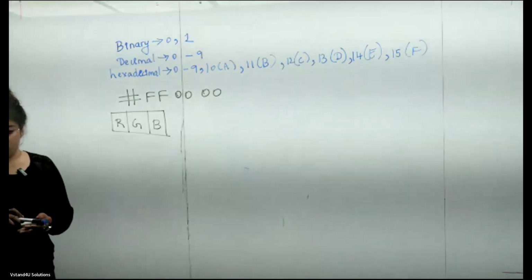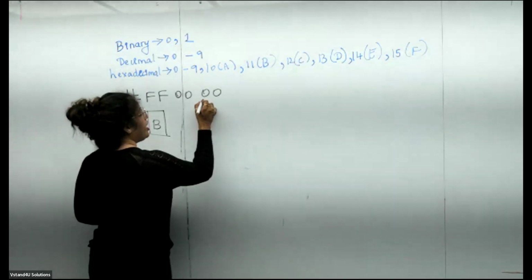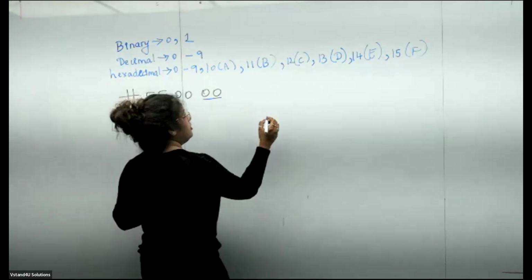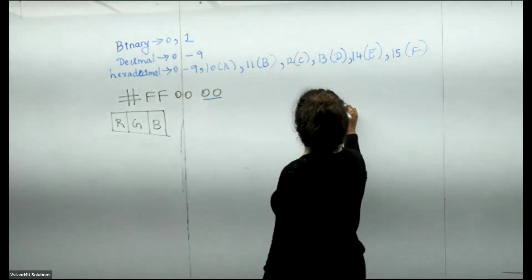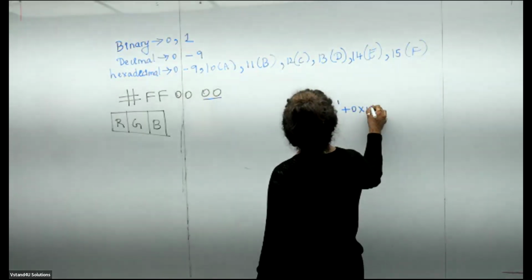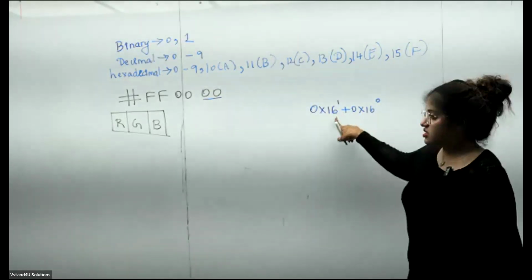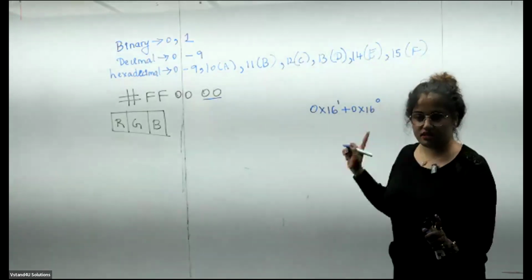So now let me start from the last 2-digit value. I will write 0 into 16 to the power of 1 plus 0 into 16 to the power of 0. 16 is your hexadecimal value digits, from 0 to 15, which means 16 numbers.